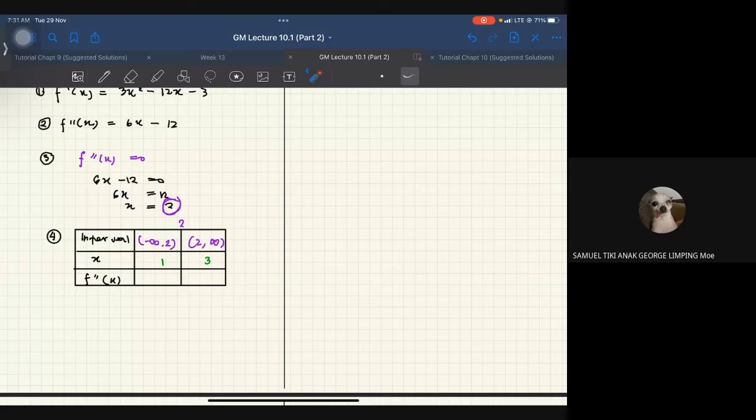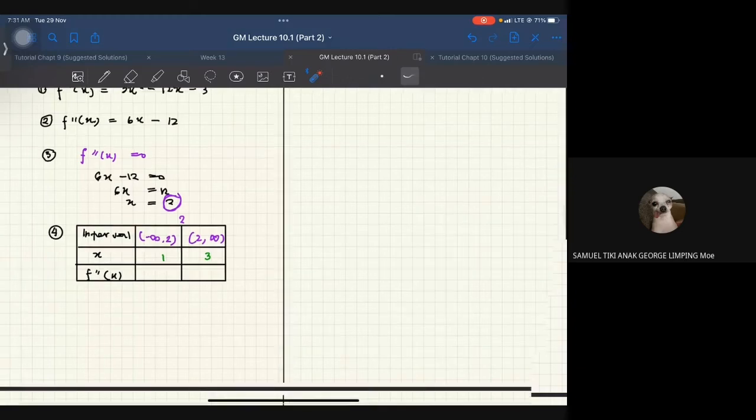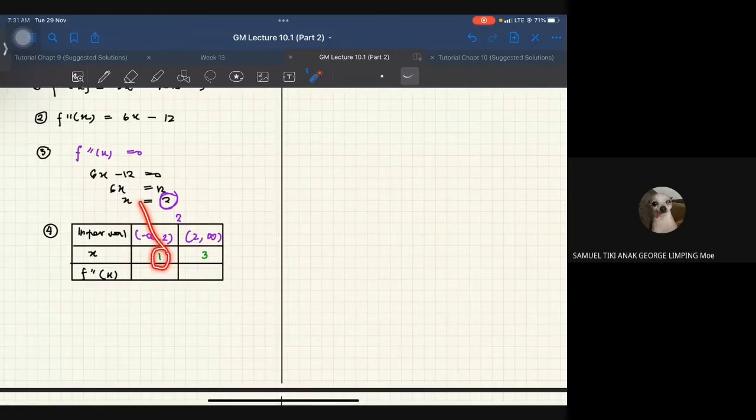Okay, so now when you substitute this value of x that you have inside this one, what do you get? Do you get negative or positive number? Negative. Negative number, alright, exactly, betul. Okay, so kita akan dapat a negative number. Okay, and then what about 3? Positive. Positive, exactly.